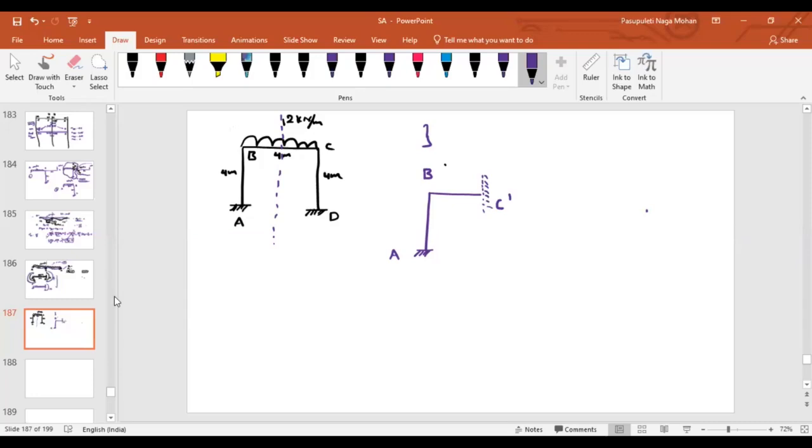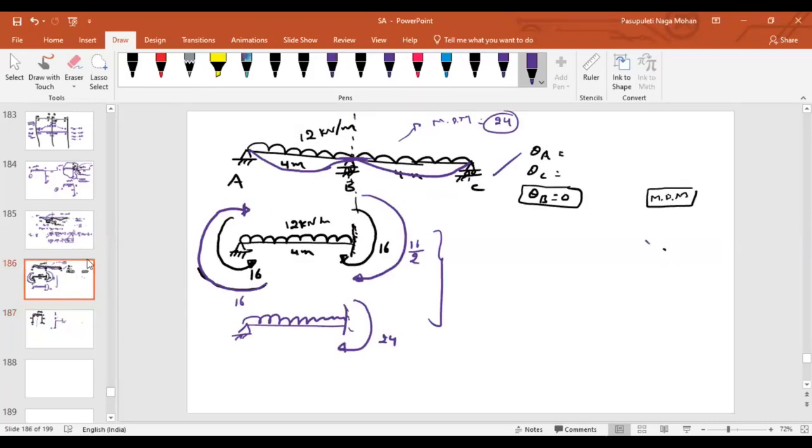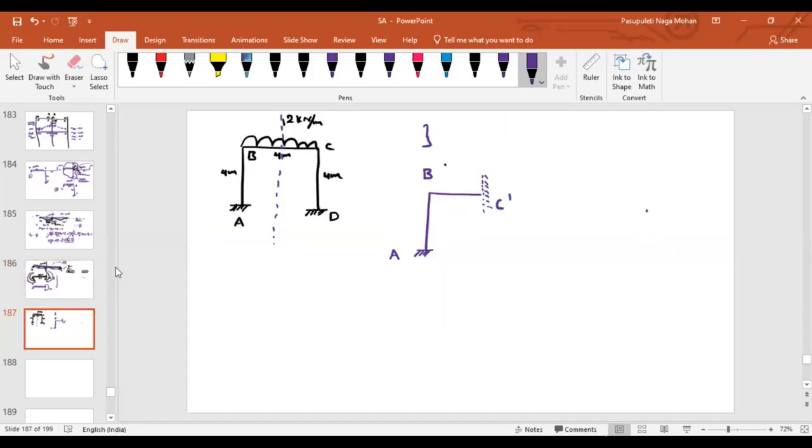While in the previous section, as the symmetry of the section was falling on one of the supports, we were considering the entire span of the beam. But here, are we considering the entire span of BC? After considering the advantage of symmetry, are we considering the entire span of BC or half of it?